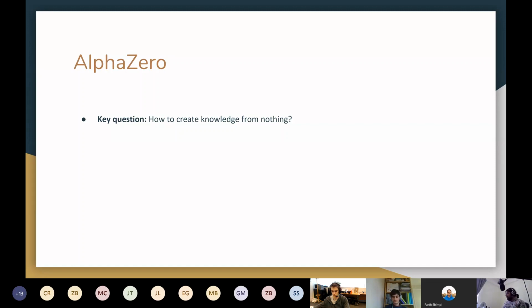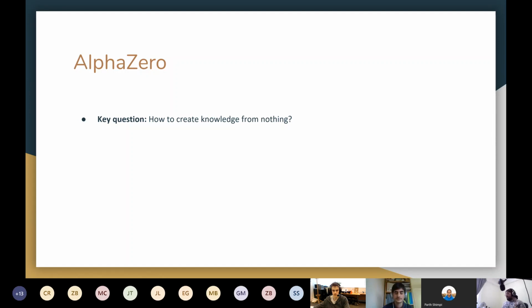And with AlphaZero, what they did was say, wait a minute, reinforcement learning is awesome. We don't need human knowledge. Can we redesign this algorithm so that it can learn how to play from scratch? We won't tell it anything about Go beyond the rules, and we'll see if it can learn how to play it.